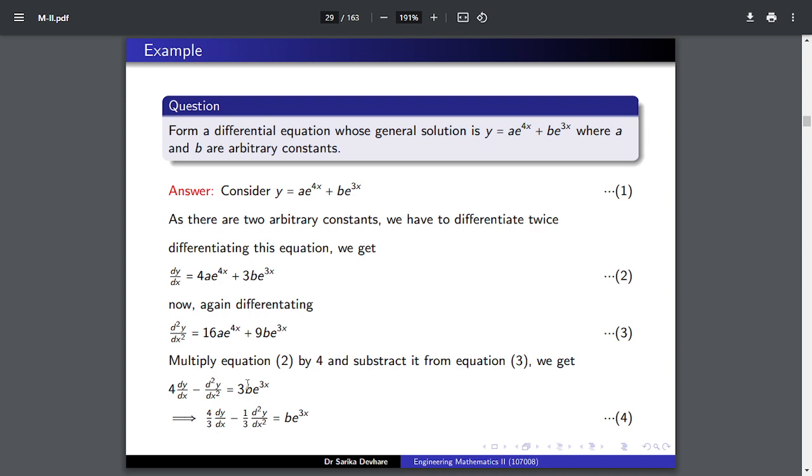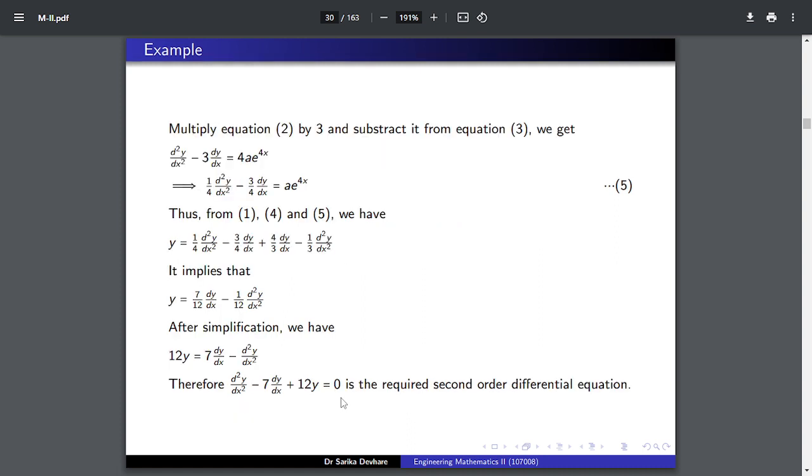Then we get d2y by dx square minus 4 dy by dx, and the right hand side becomes, the first terms cancel, and 12 minus 9 gives 3b e raised to 3x. From this we can find the value of b e raised to 3x.